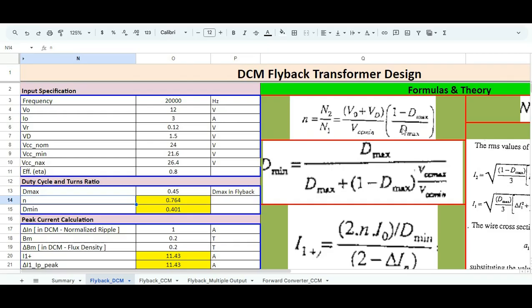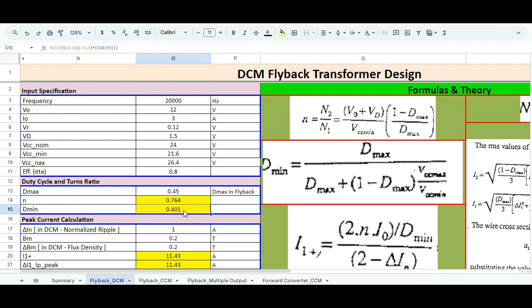If you plug all the values in, since I'm using Excel, I can directly get 0.674. So this is my turns ratio, N equals N2 divided by N1. That means your N2 is going to be the turns ratio multiplied by N1.